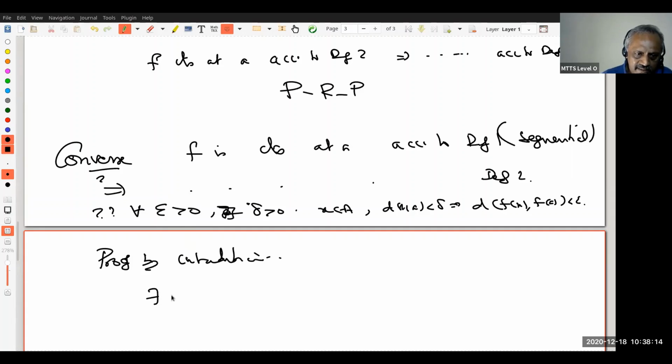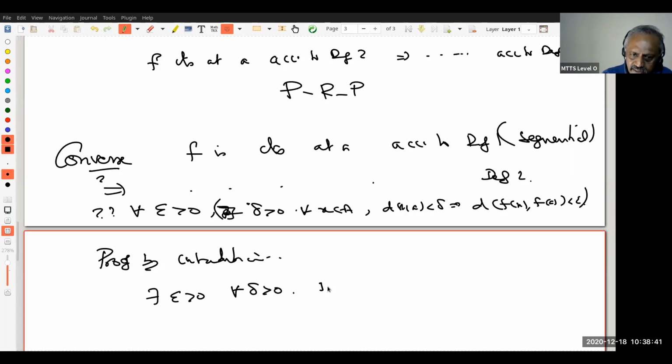That means there is an epsilon positive so that this is not true. If this is not true, what does it mean? I should be able to find at least one delta so that something must be true. That means no matter what delta you give me, for every delta positive, this will fail. That is, for every x in A with the distance between x and a less than delta, something must happen.